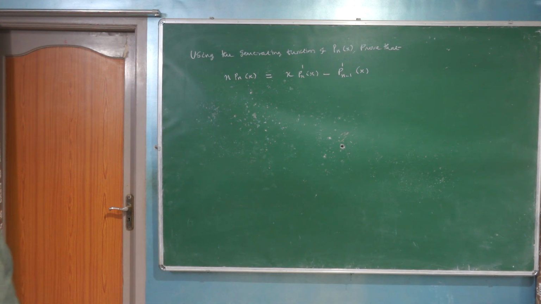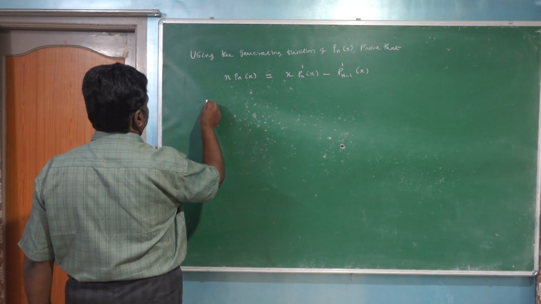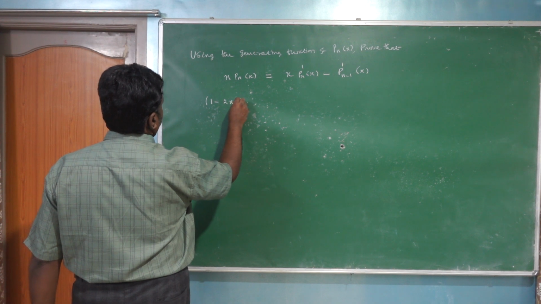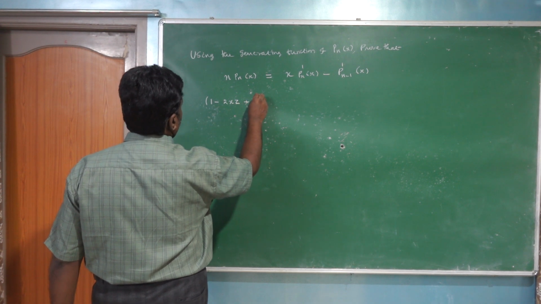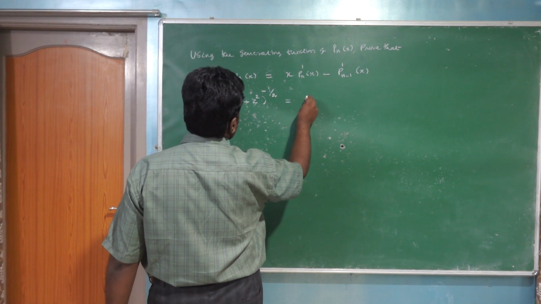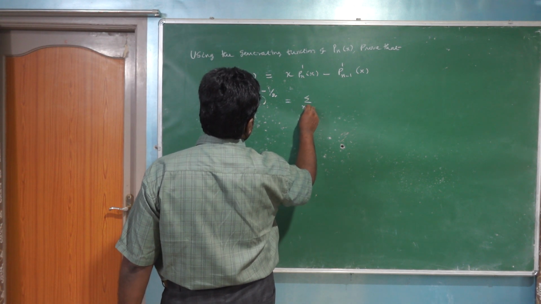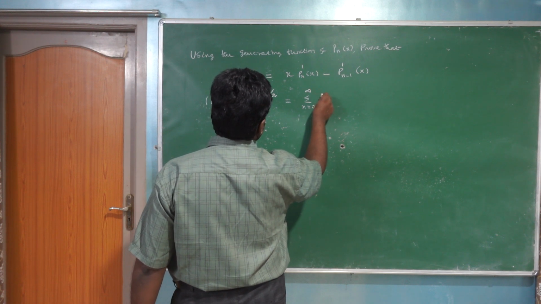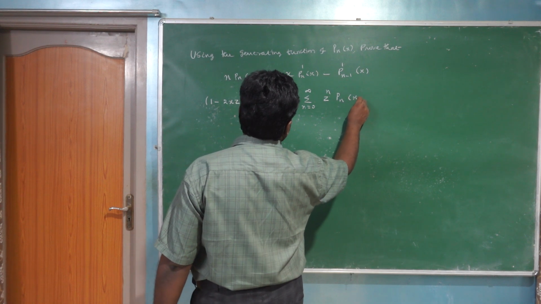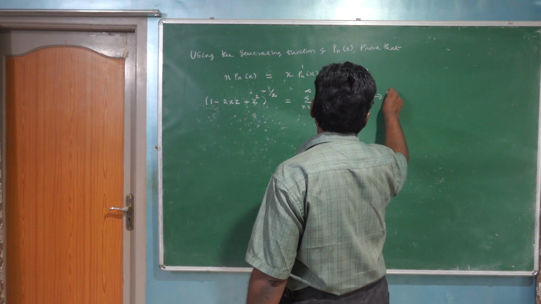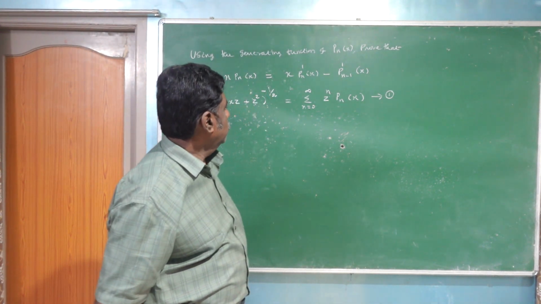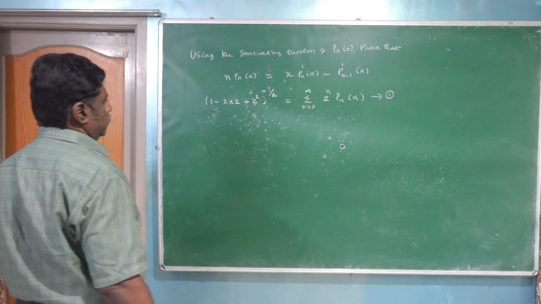The generating function of Pn of x is given by (1 minus 2xz plus z square) power minus half equal to summation n equal to 0 to infinity z power n into Pn of x. Consider this as equation 1. This is the generating function of Pn of x.